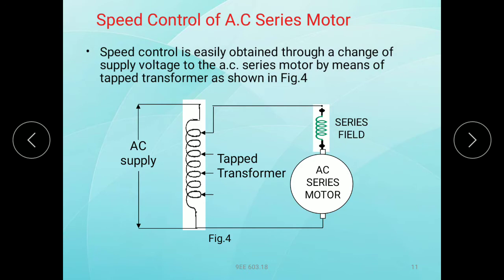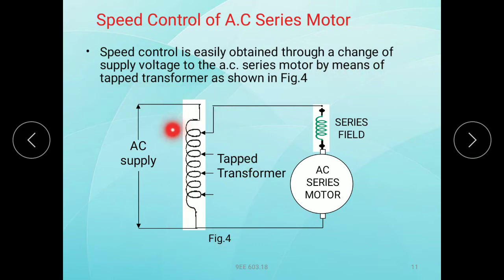The speed control is easily obtained through a change of the supply voltage to the AC series motor by means of a tapped transformer.